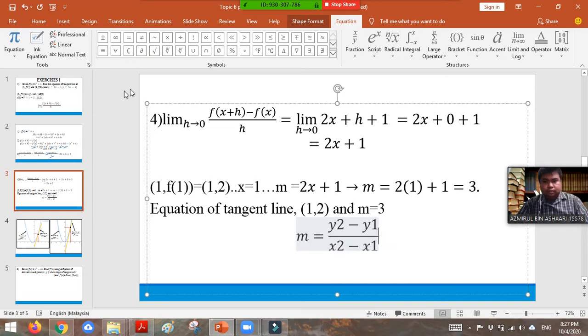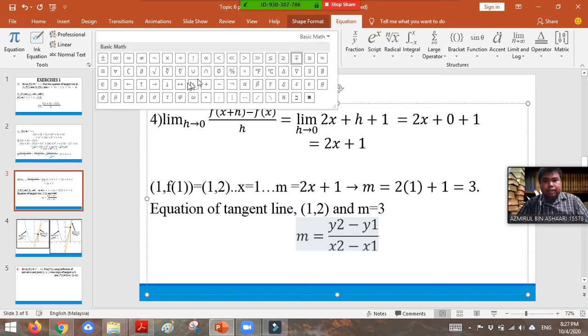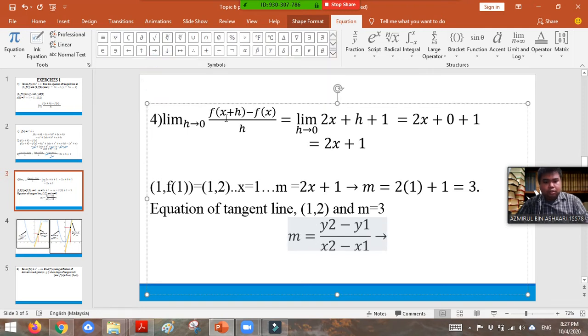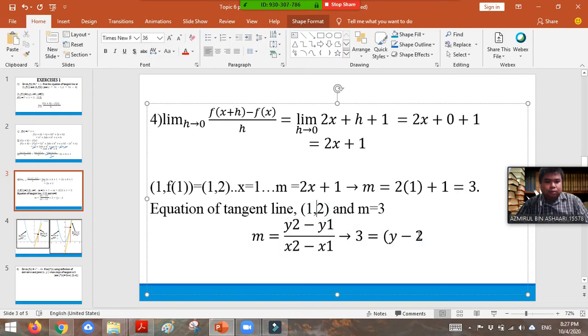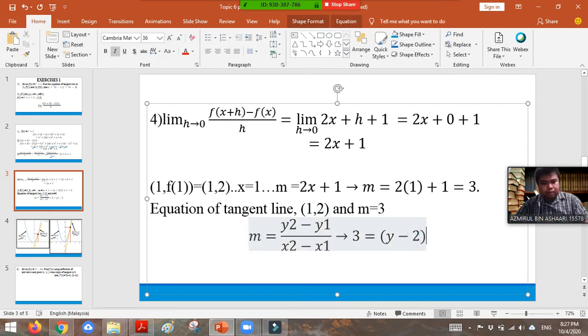Okay, for this case we already get that m is equal to 3. So 3 equal to y minus, okay, because y2 we don't know, but we get y1, so I assume y minus 2, divided by x minus 1.